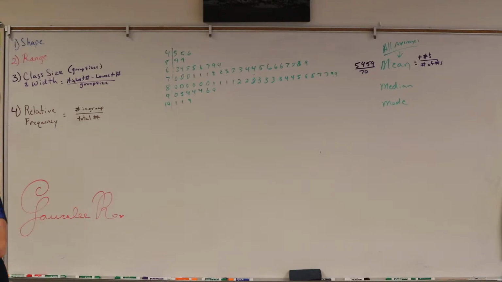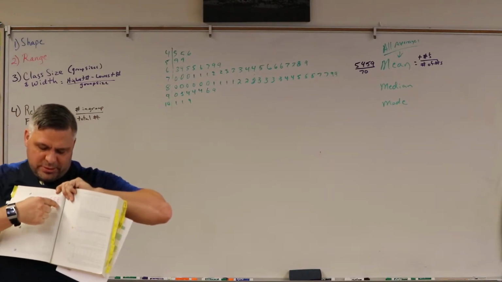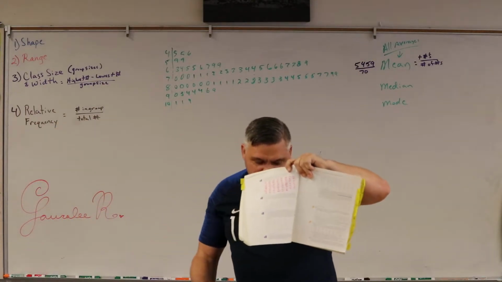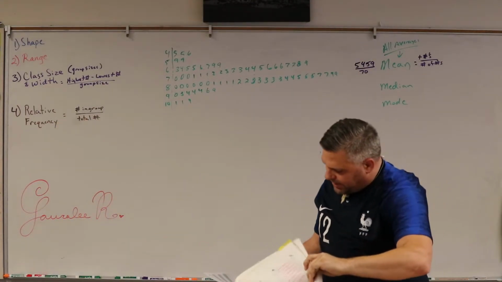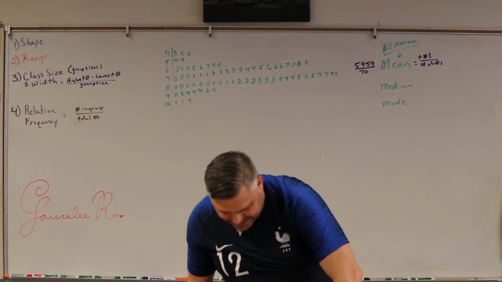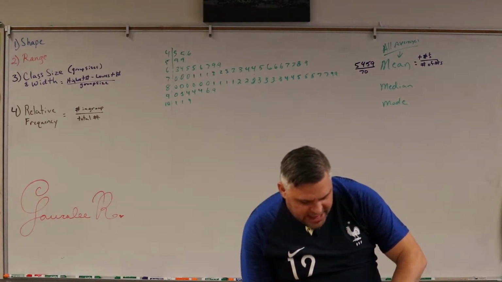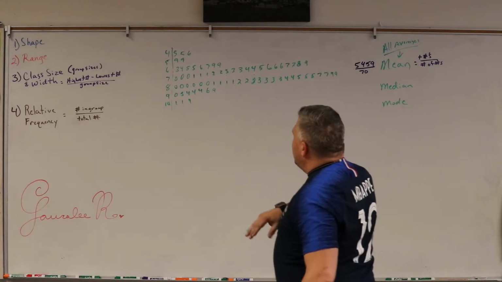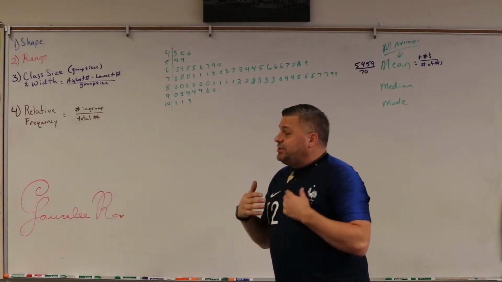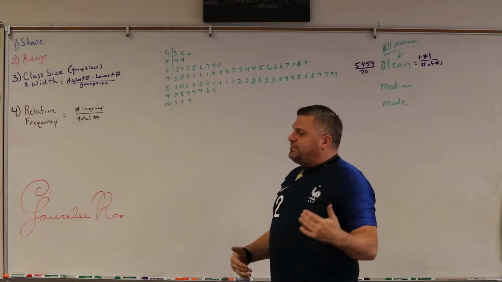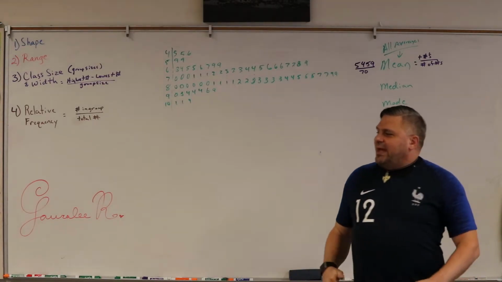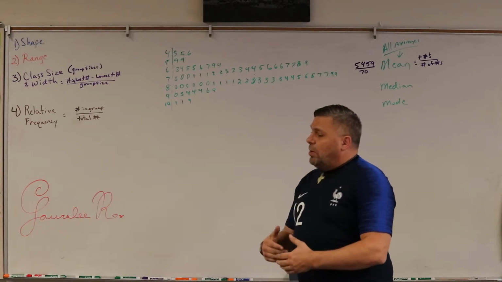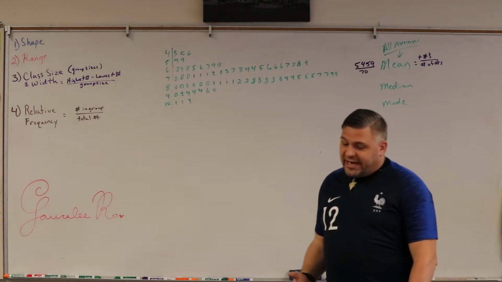from this data group. I had to make sure I listed it, so I decided to use a stem and leaf plot, even though in Chapter 2 they don't teach it. It's a really good way to organize your data.